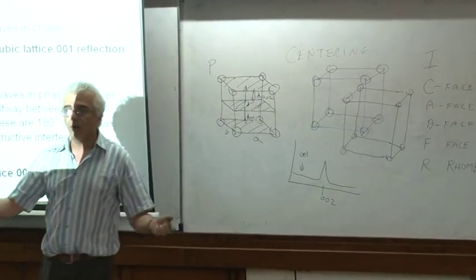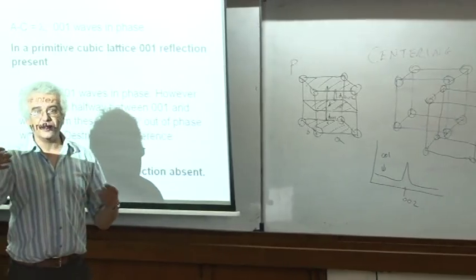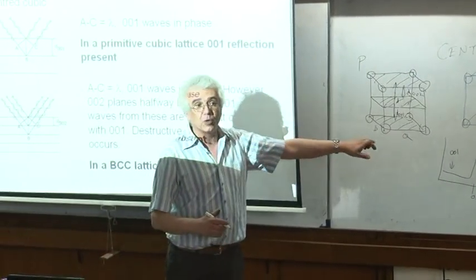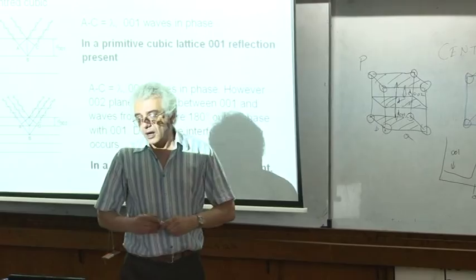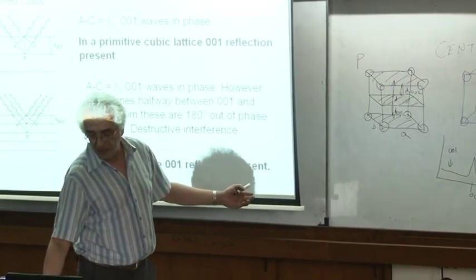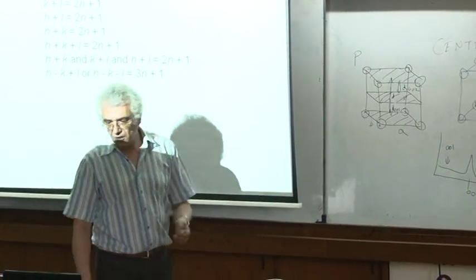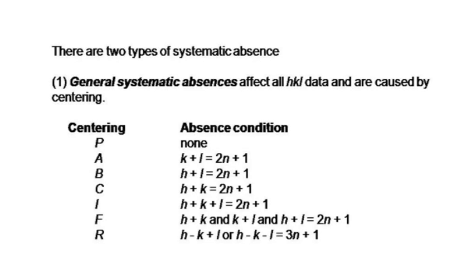And it's not just 001, but all kinds of other reflections that are related in the same way. These are called general systematic absences. For the different types of centering, they're called general because they affect all of the reflection data, so all types of HKL.